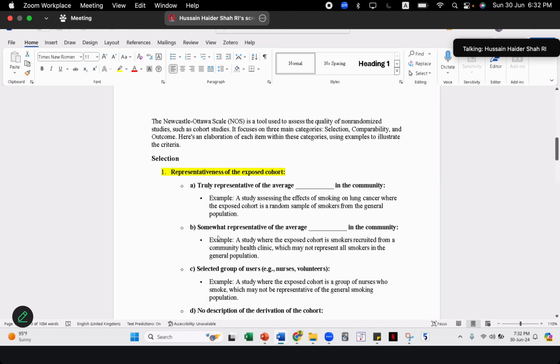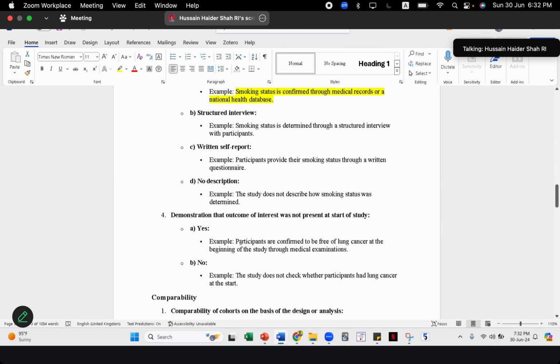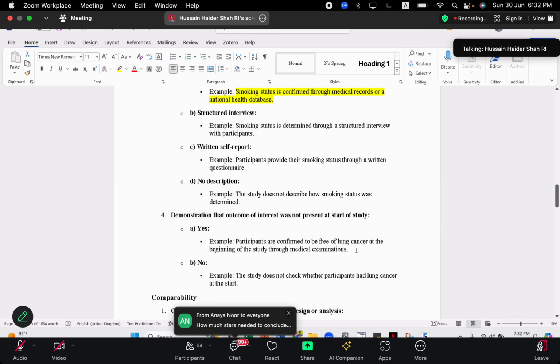I will explain this question again. For example, participants are confirmed to be free of lung cancer at the beginning of the study through medical examination, or the study does not check whether the participants had lung cancer at the start. Again, this is the question.